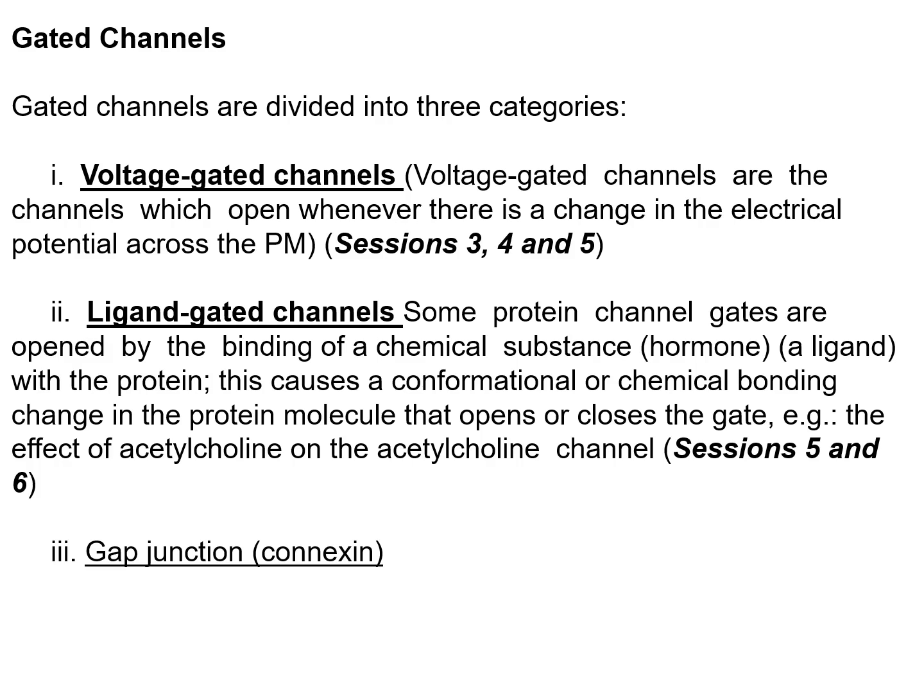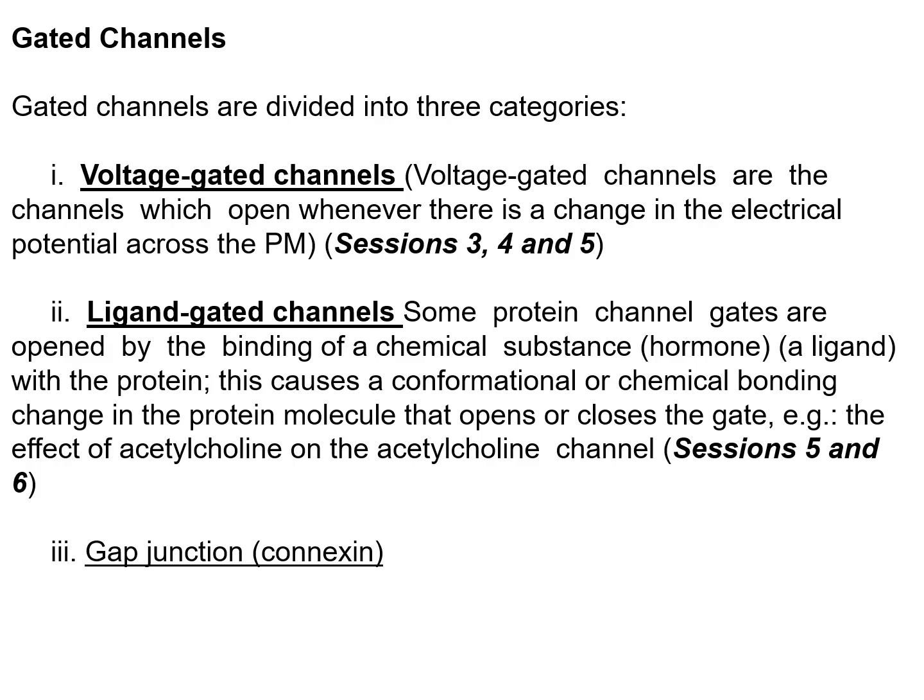However, the second type, which is called ligand-gated channels, means that such protein channels on the plasma membrane have a receptor. Such a receptor is specific for a specific ligand. When a specific ligand binds to such a receptor on the ion channel, there will be a shape change of that ion channel, leading to the opening of such a ligand-gated channel. An important example of a ligand-gated channel is the acetylcholine channel.